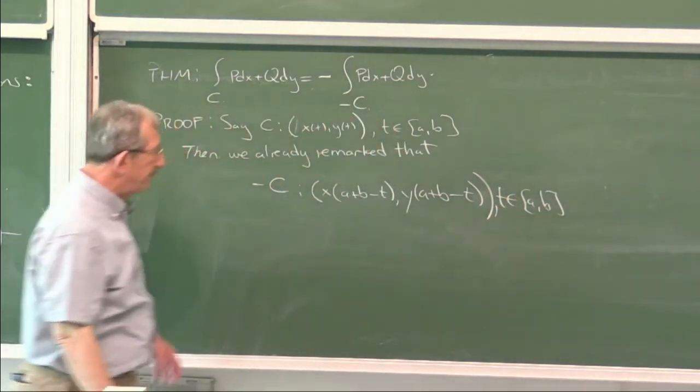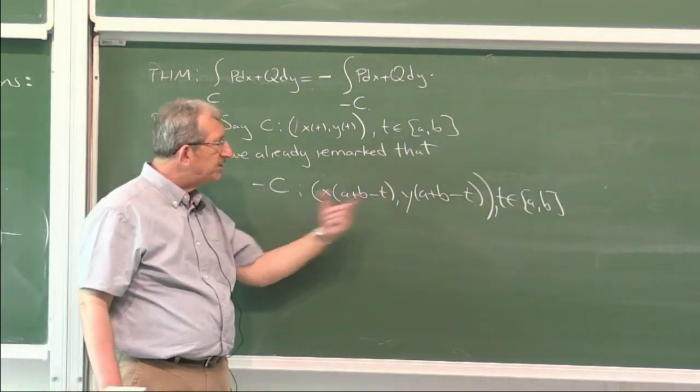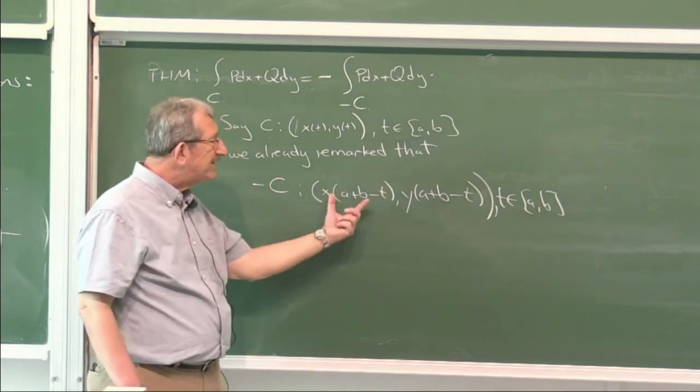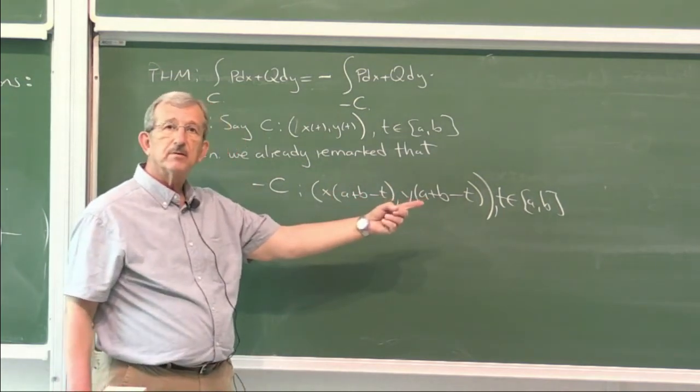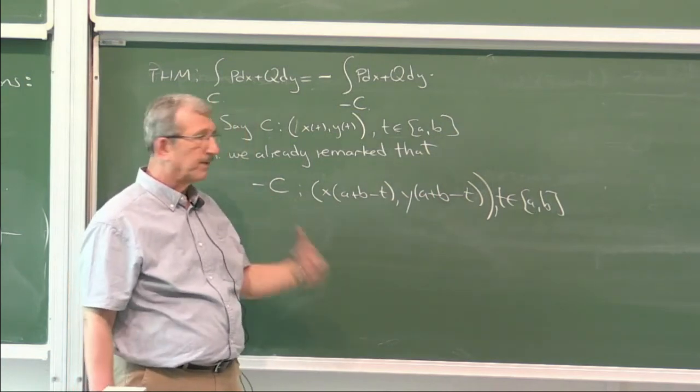This gave the same curve because A plus B minus t, when t changed from A to B, traces the same interval, but in the opposite way. So it gives us -C.